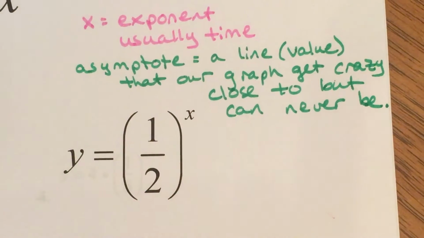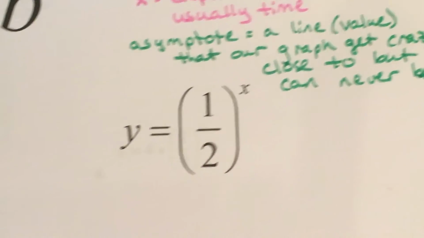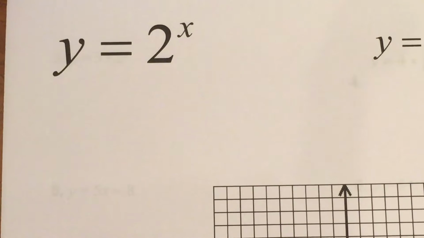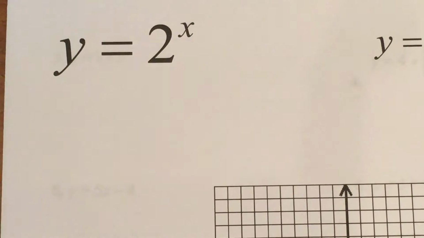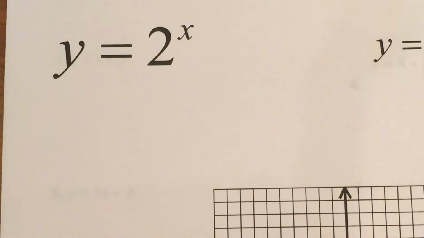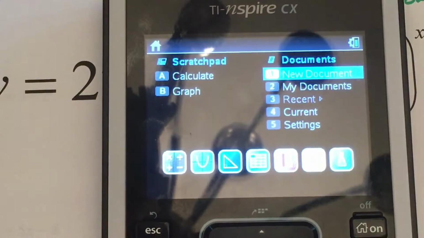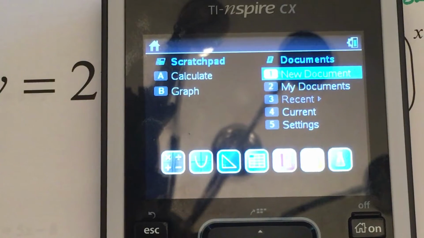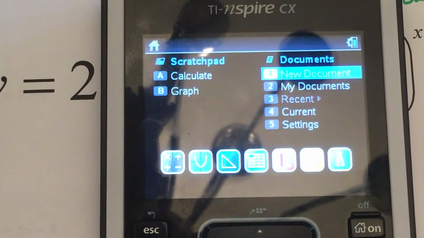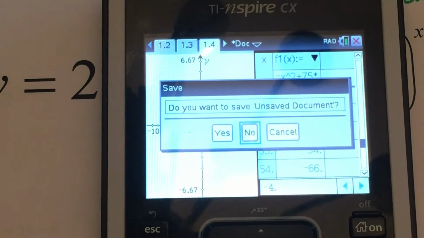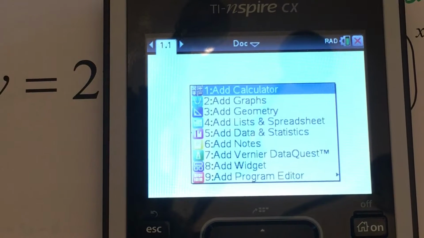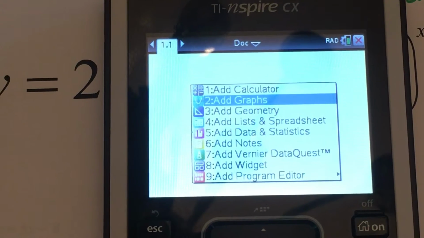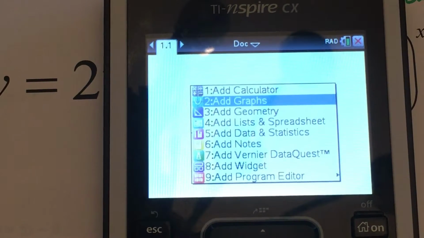So now let's go look at these examples. You will definitely need your graphing calculator for all of this lesson today. So let's go to a new document. Definitely not saving. And we're definitely using a graph.